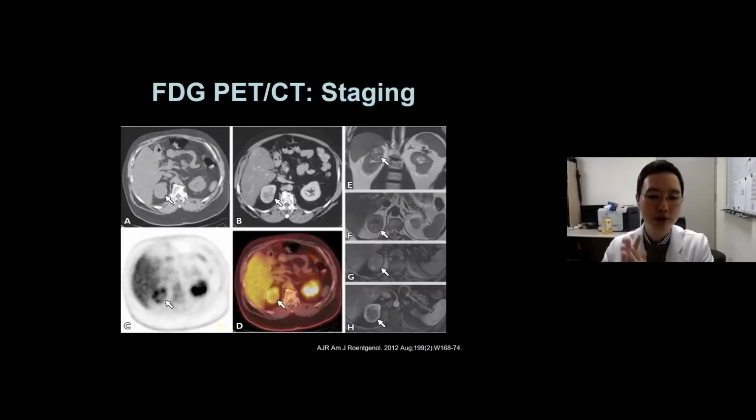If you see mild FDG uptake, like in images C and D, you can see a mildly FDG-avid soft tissue lesion in the renal cortex, and we can have a suspicion if we see this kind of lesion. As you can see from the MRI, it has a corresponding heterogeneously enhancing soft tissue lesion, which indicates renal cell carcinoma.